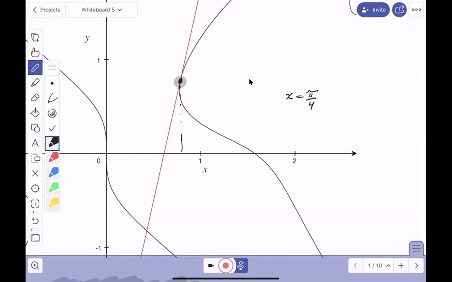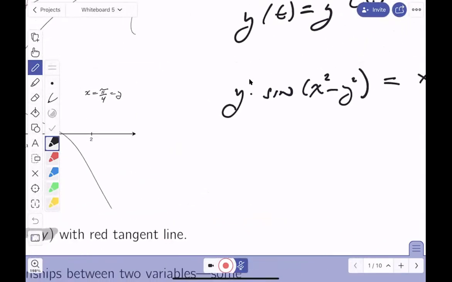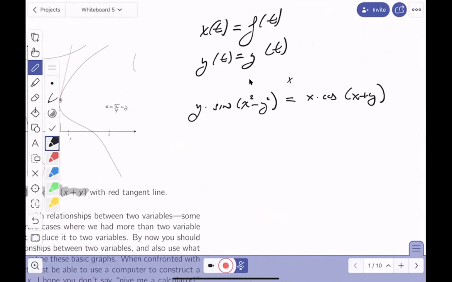And then I'm going to say, it looks like the y is the same number. I don't know if that's true, by the way. Let me go over here. I'm going to plug this in. So I said x and y are equal, and I said x equals y equals pi over 4. So I'm going to write this down. Pi over 4 times, it's going to be tough, sine of pi over 4 squared, right?